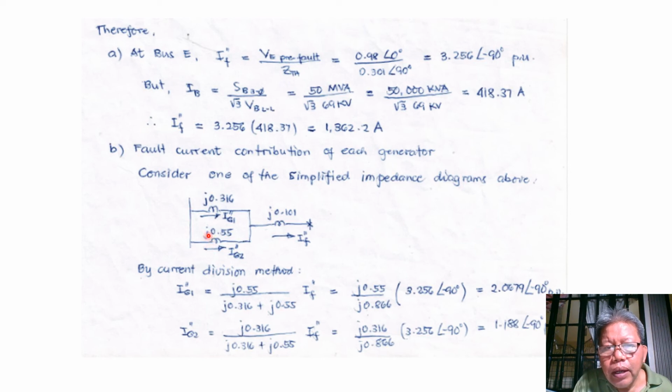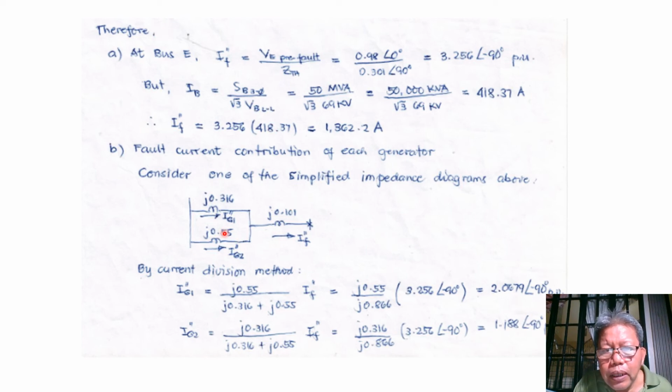So this IG1 will be the current coming from generator 1, and this IG2 would be the current coming from generator 2.